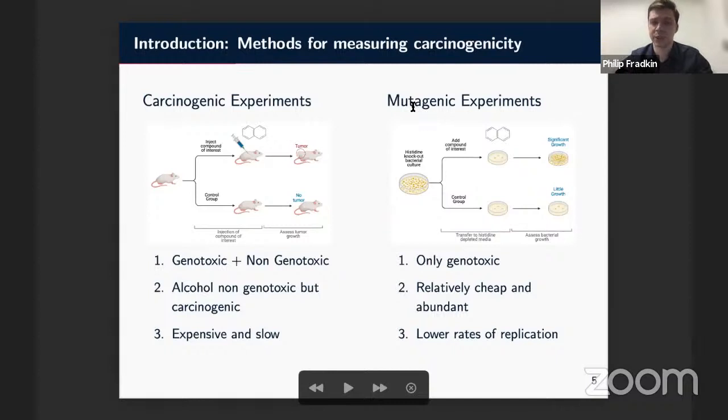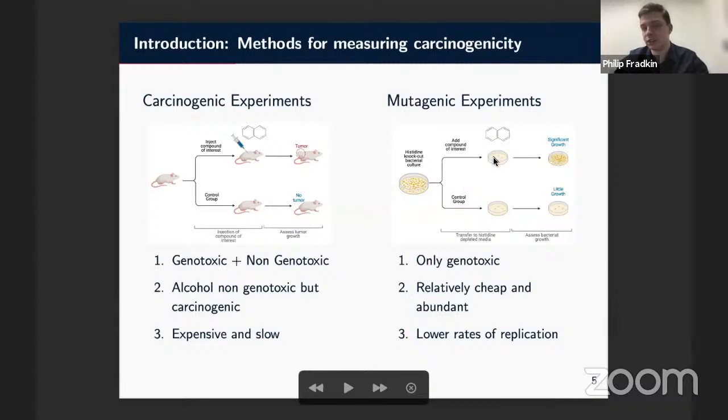On the other hand, we have mutagenic experiments where we have a bacterial culture and usually a key gene knocked out, with a point mutation or another method. Then the bacterial population is split into two groups, and a compound of interest is added to one of the plates.